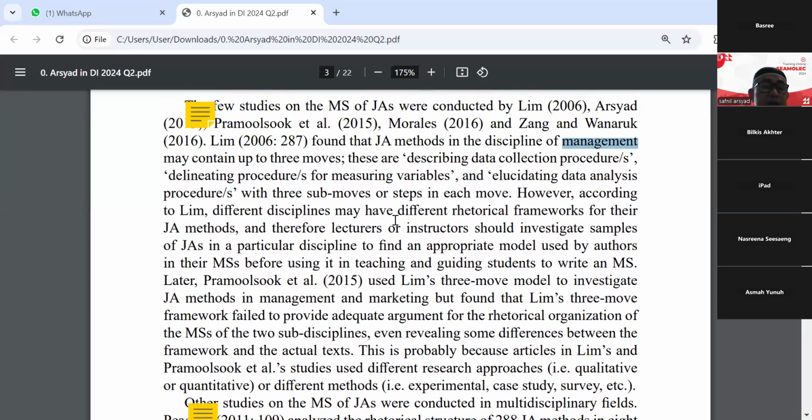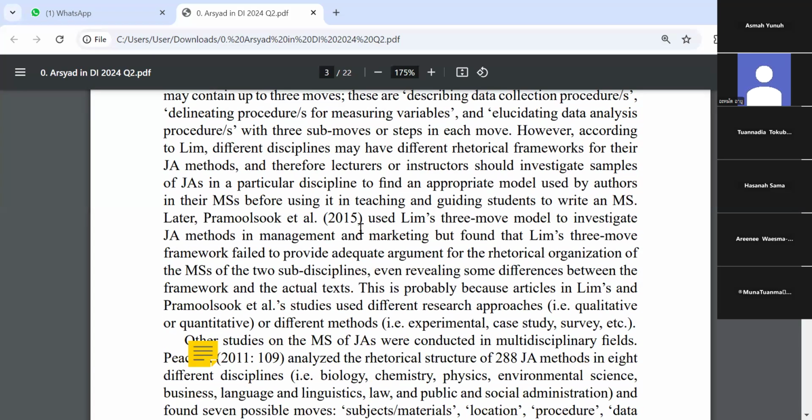So in this paragraph, the author reviewed studies on the method section published in journal articles in the field of management, not other fields.